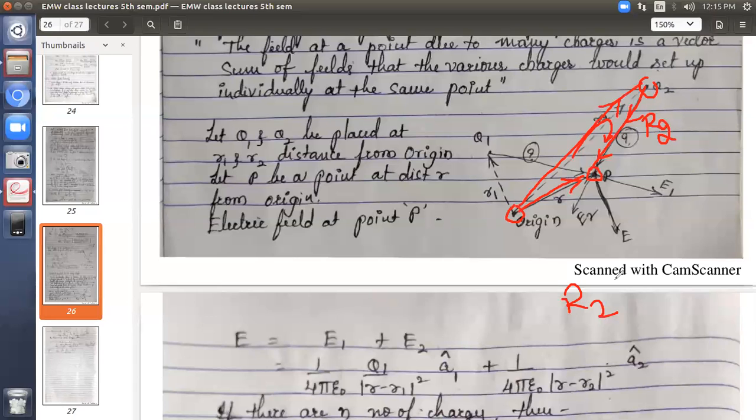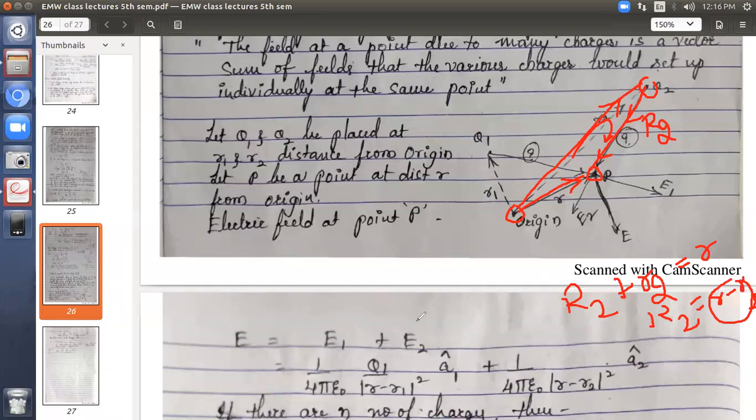Small r2 plus R2, both are in the continuity direction, right? From the origin, r2 plus R2 is equal to this small r. So R2 is equal to r minus small r2. This is your position vector.